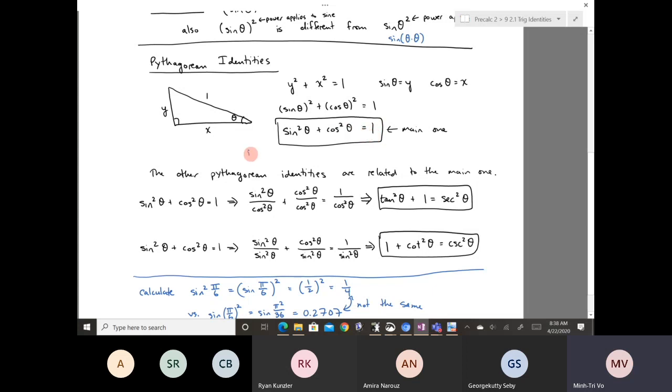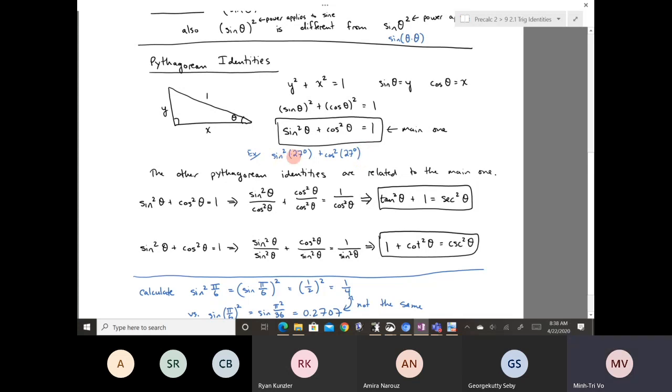So for example, let's do sine squared of some random angle, say 27 degrees, plus cosine squared of 27 degrees.